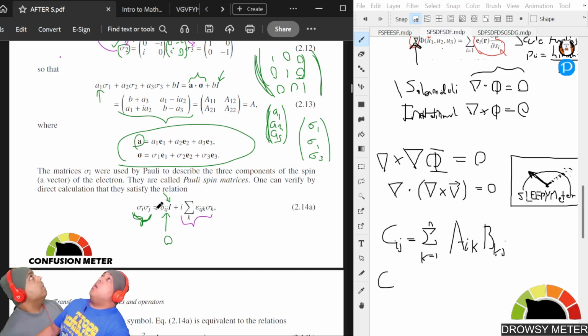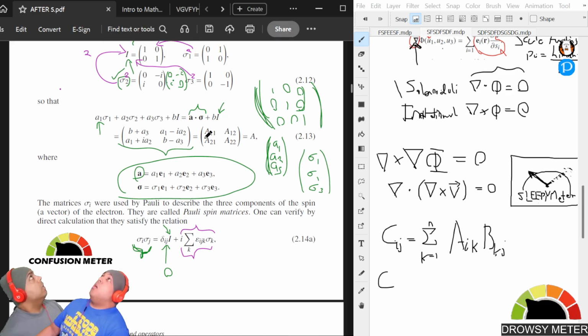So, if they're different, this disappears. But then you get this term here, which is imaginary, yeah. You get an imaginary component, epsilon i j k: 1, 2, 3.